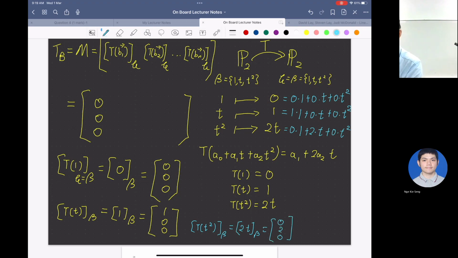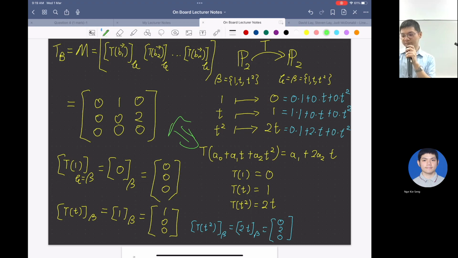So you express your linear transformation as this matrix between these vector spaces.